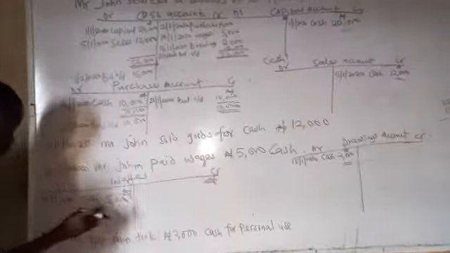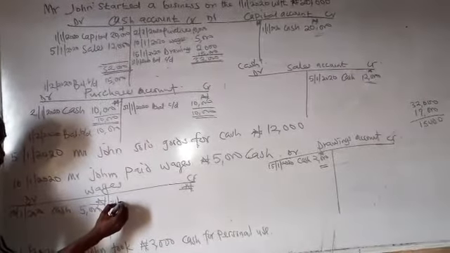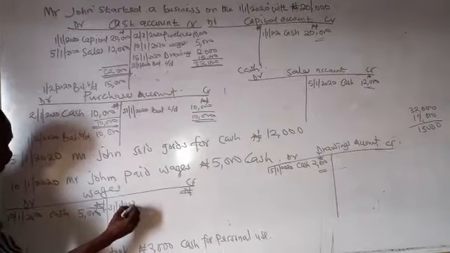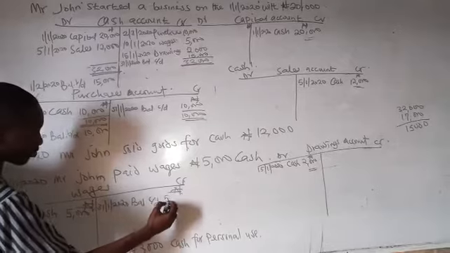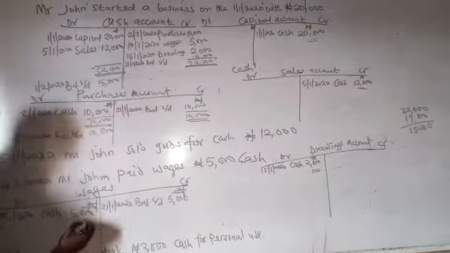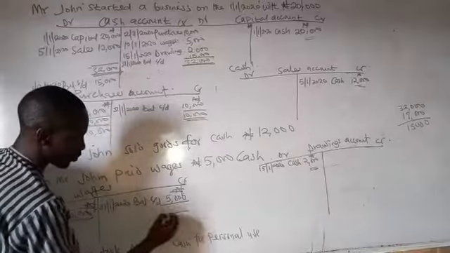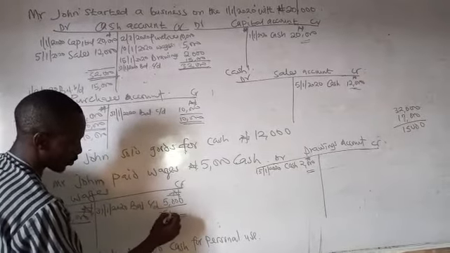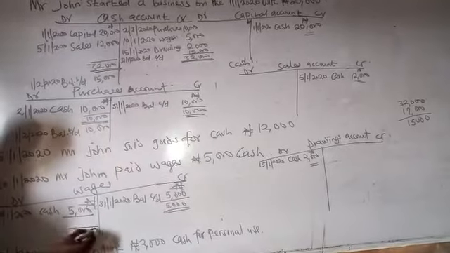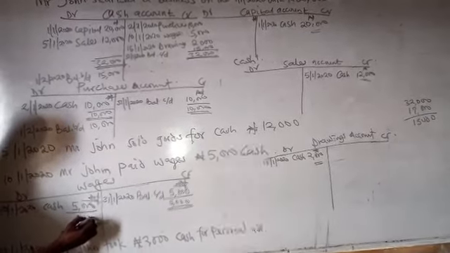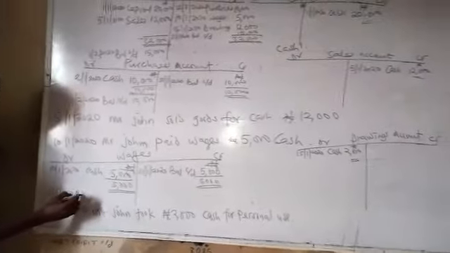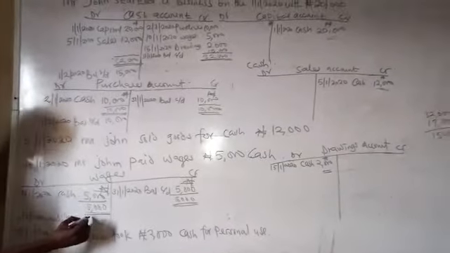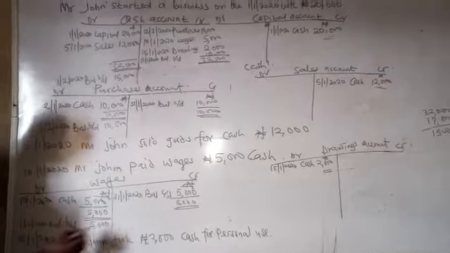On the wages account, on the 31st of January 2020, the balance carried down will be what? 5,000 naira. Then you close the accounts. Then on the 1st of February 2020, balance brought down 5,000 naira.